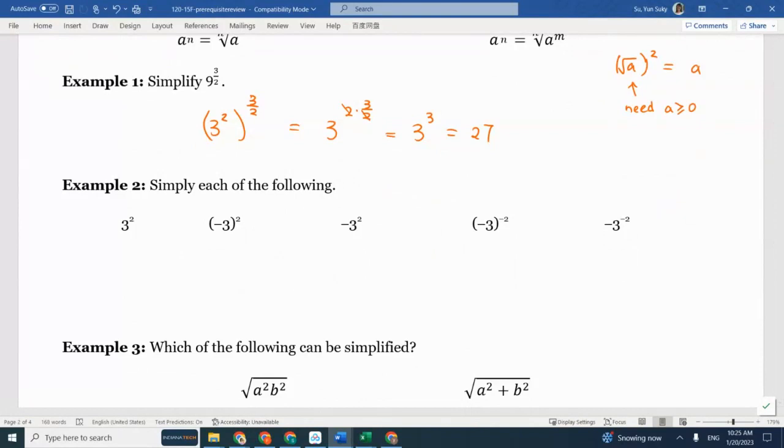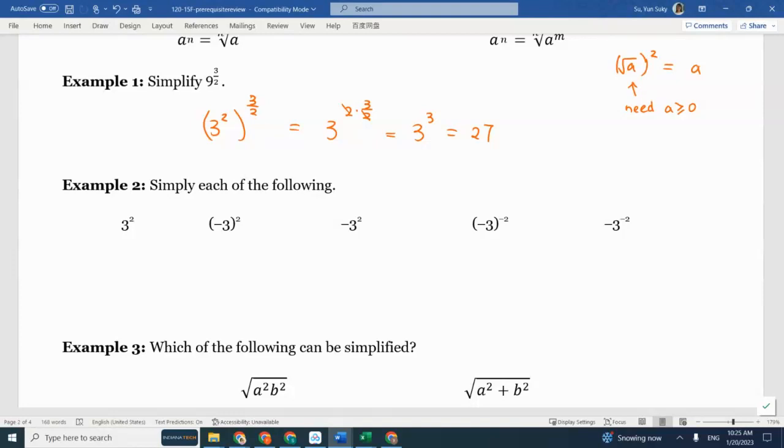And 17 squared, is it 289? Okay, let's use our calculator. 17 times 17, yes, 289. 18 times 18 is 324. 19 times 19 is 361. But usually we won't go that far.